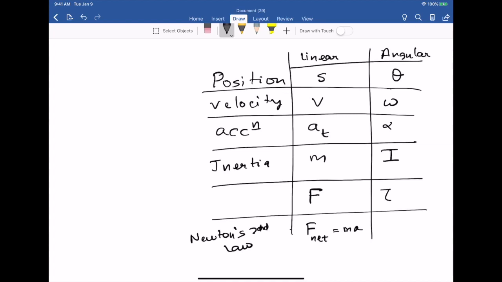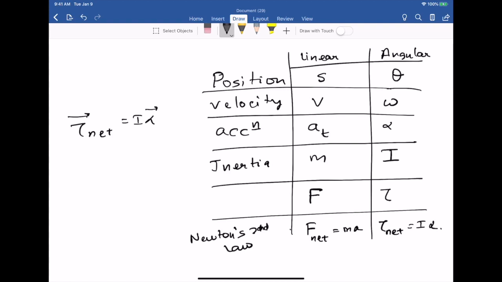You can totally write it down, even if you have never studied this before, just from the analogy. The answer is net torque equals I alpha. So it's from the analogy between the linear variables and the angular variables that the rotational form of Newton's second law, net torque equals I alpha, is completely obvious.